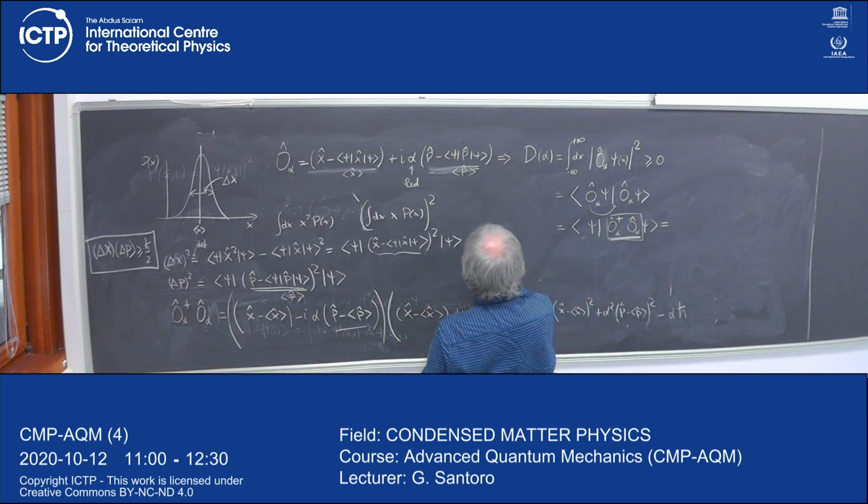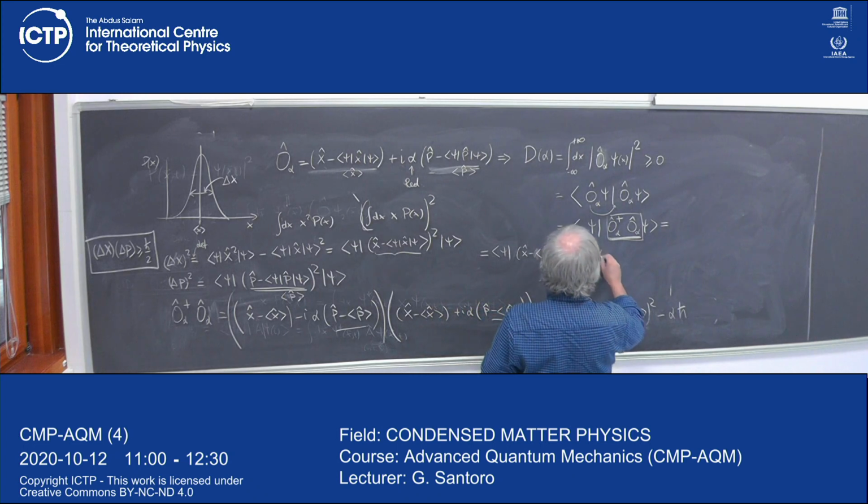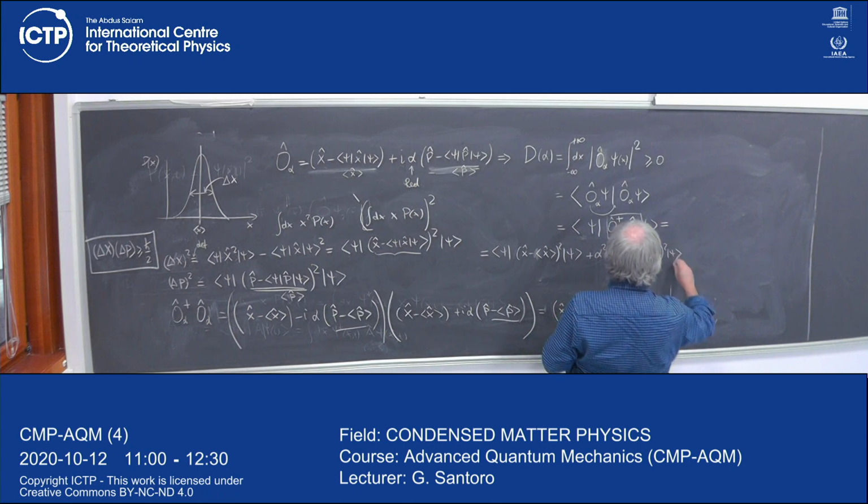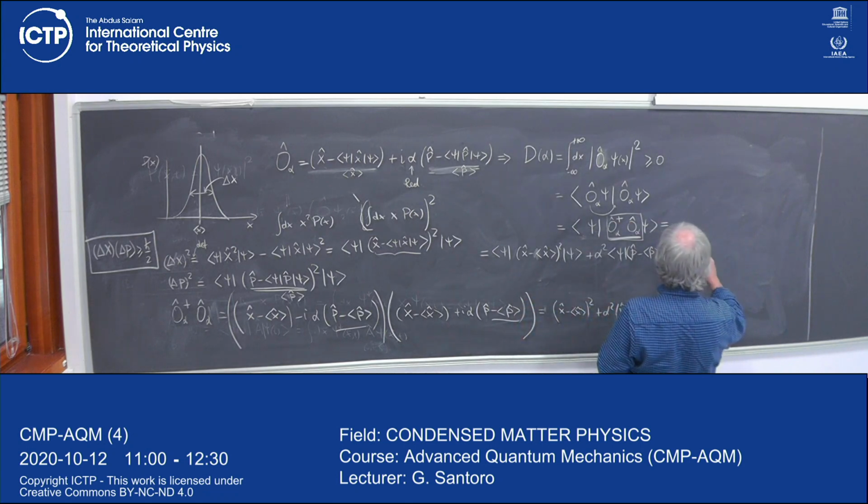This is equal to the expectation value of this object, x minus average of x, squared on psi, from the first term, plus alpha squared, p minus the expectation value of p, squared on psi, and then I have minus h bar alpha, psi psi.